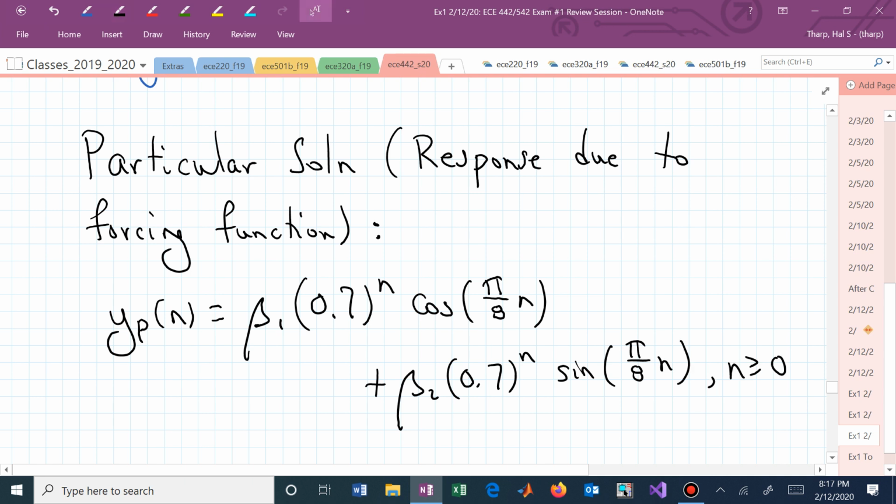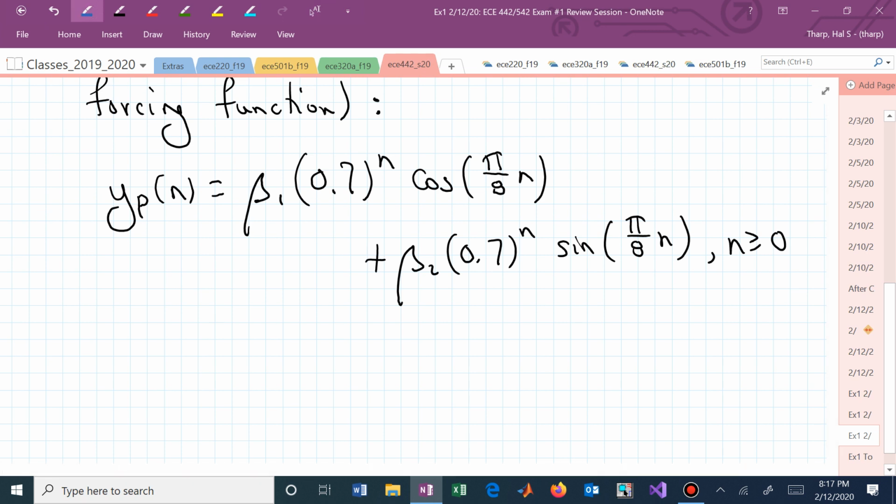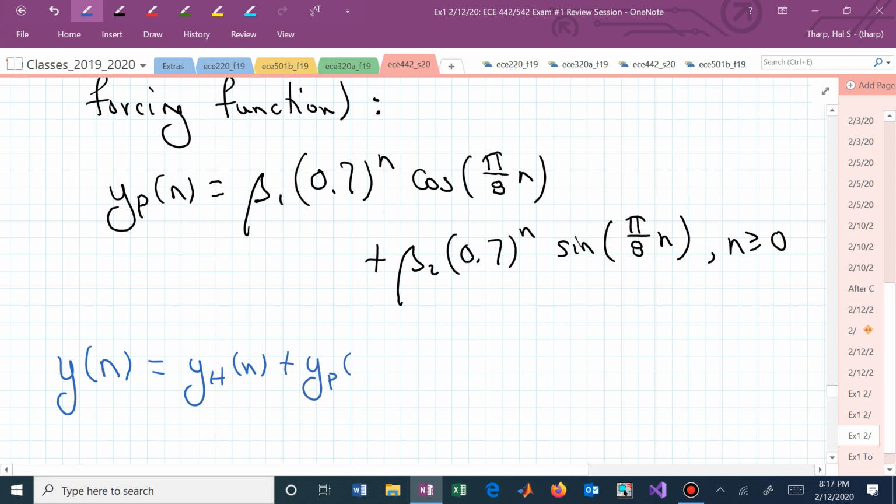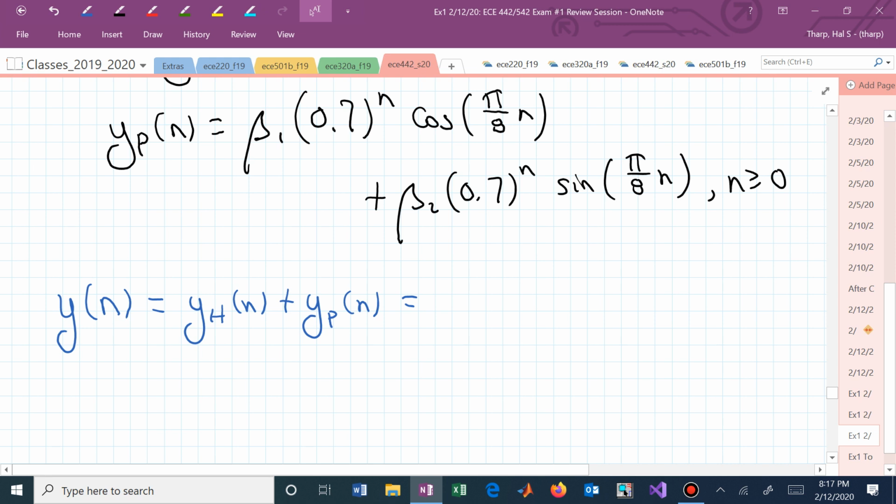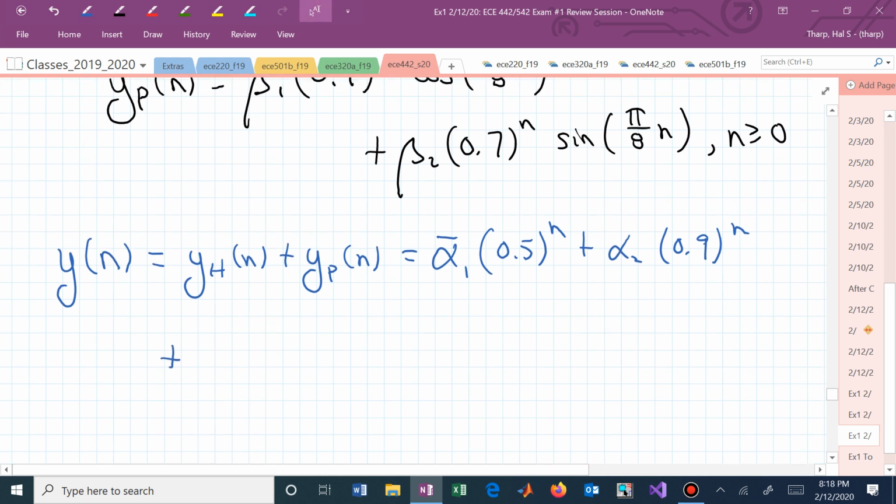And what's the total structure? It's the combination of the homogeneous and the particular. And generically, I'm going to just say that that has different coefficients. What was it? 0.9 plus the y sub p of n.